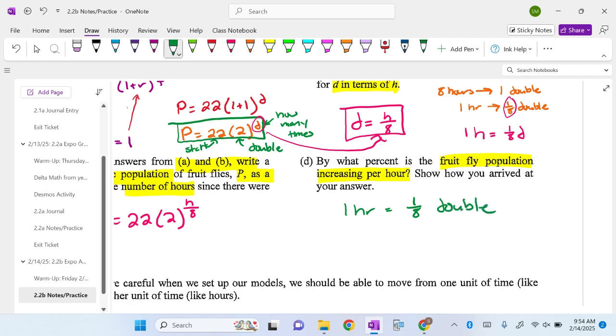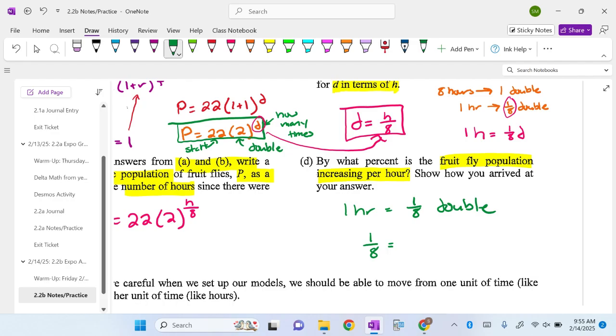So if we're doing 1/8 of a double, what's 1/8 as a decimal? Because we need to convert it to a percent. Does anyone know off the top of their head?